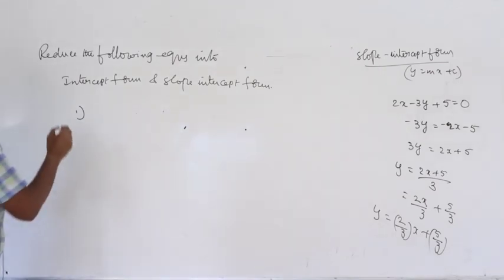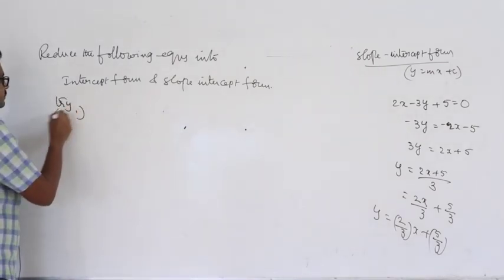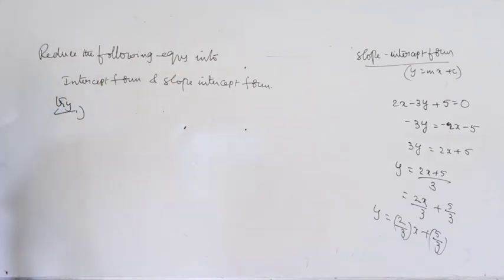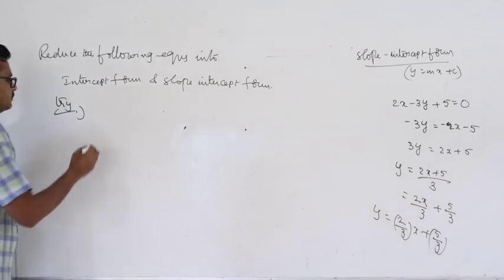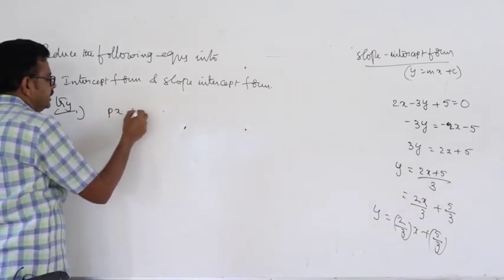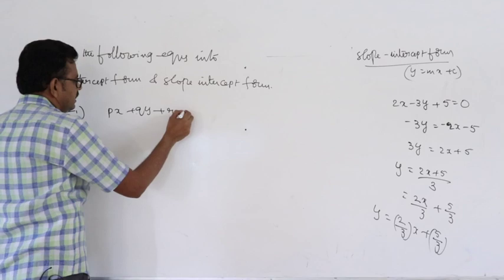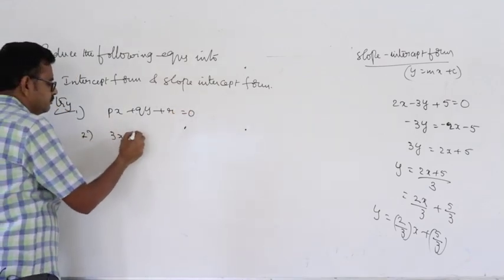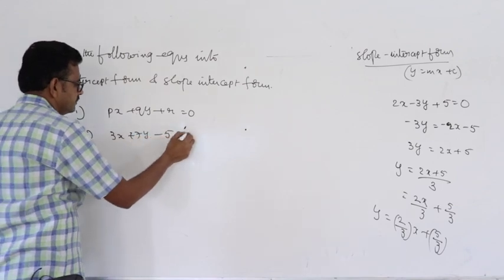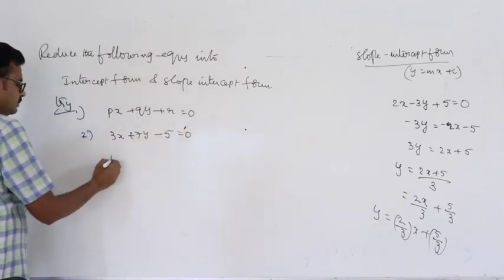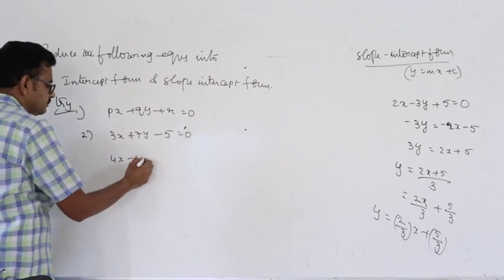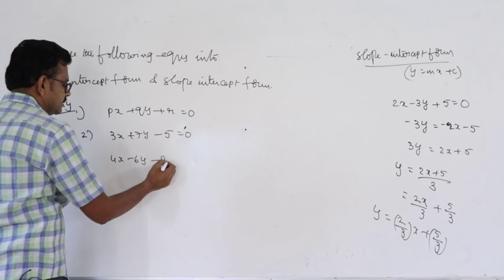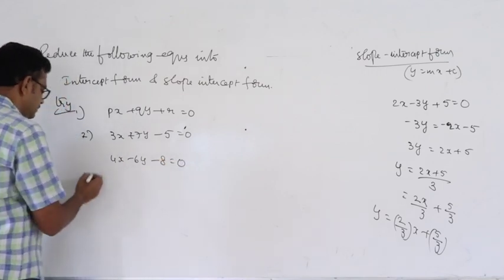Now you try yourself. Reduce the following equations into intercept form and slope intercept form. Px plus qy plus r equal to 0. 3x plus 7y minus 5 equal to 0. 4x minus 6y minus 8 equal to 0.